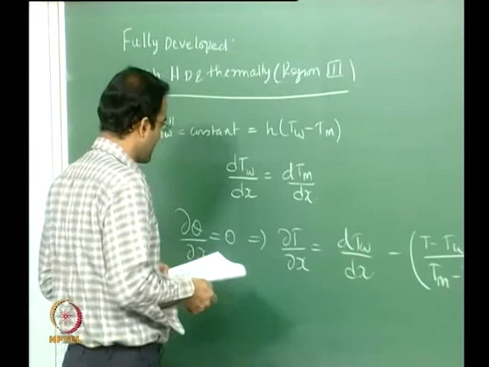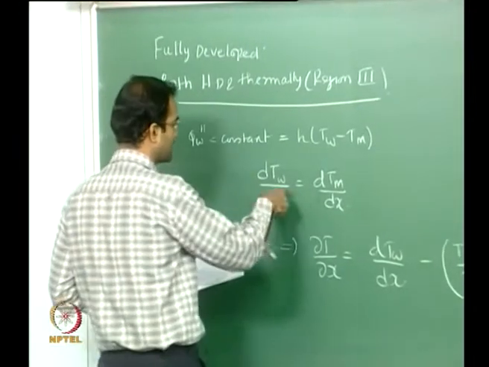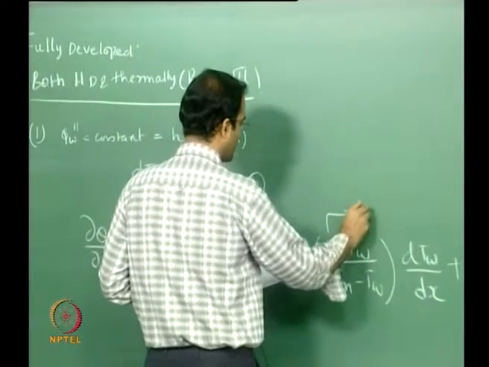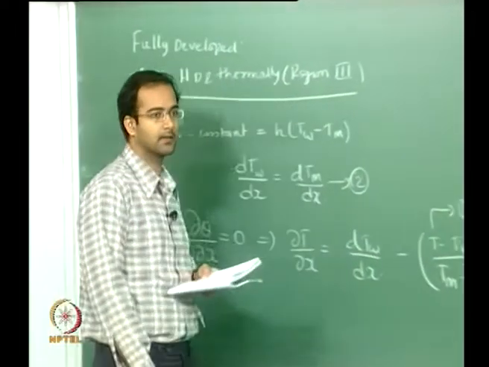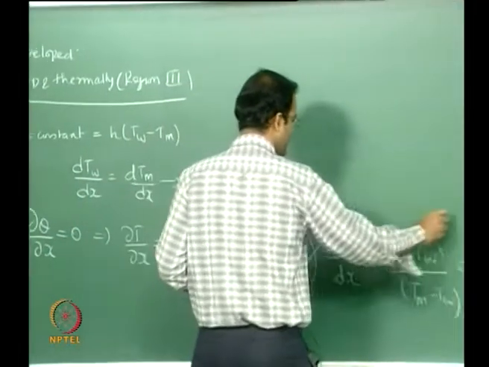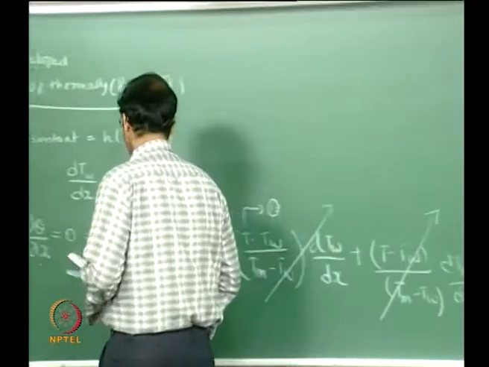Now if you call this number 2 and this number 1, substituting 2 into 1, you cancel off these terms because they are identical.